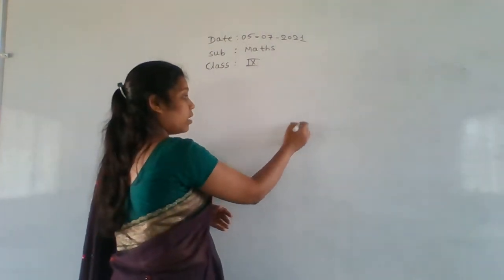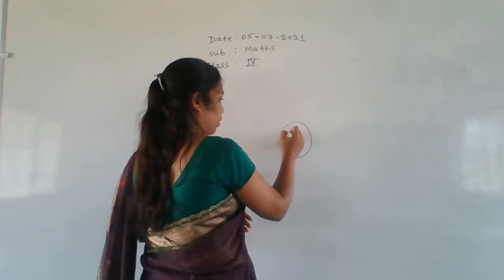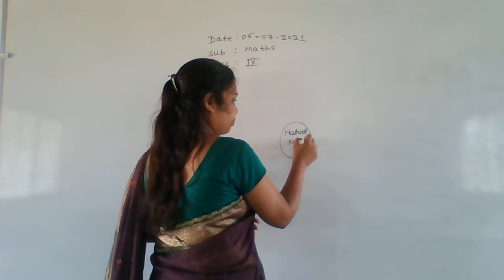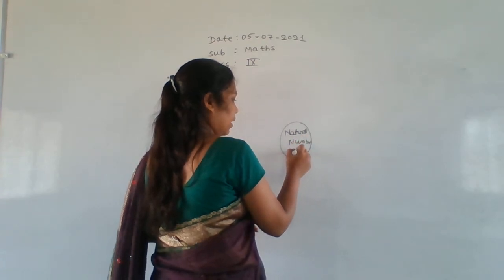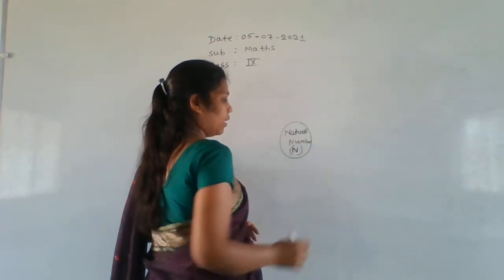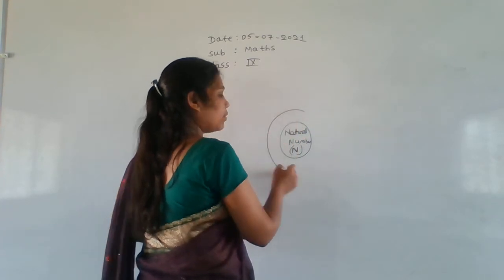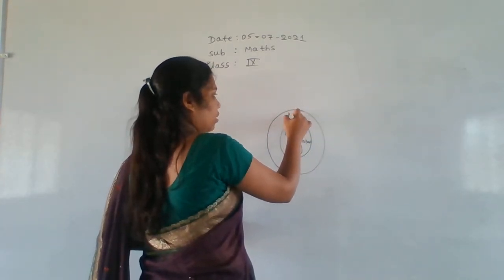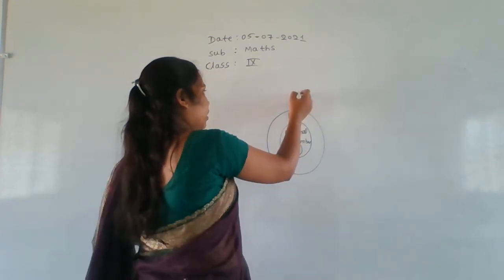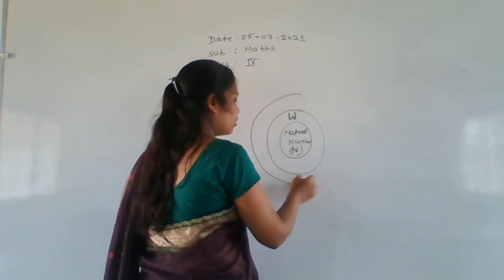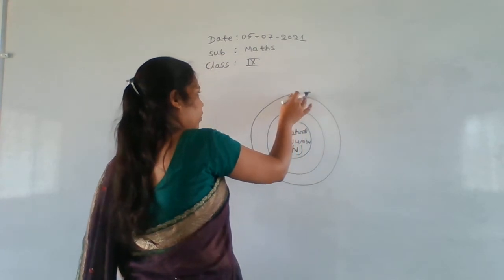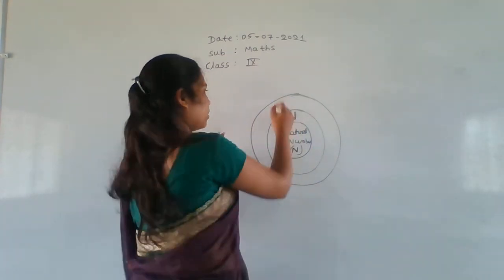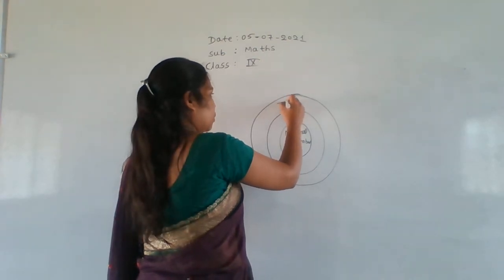The first number is the natural number, capital N. Second one, we have the whole numbers, capital W. Next, third one, what's the third one here? Natural numbers, whole numbers, next we have the integers.